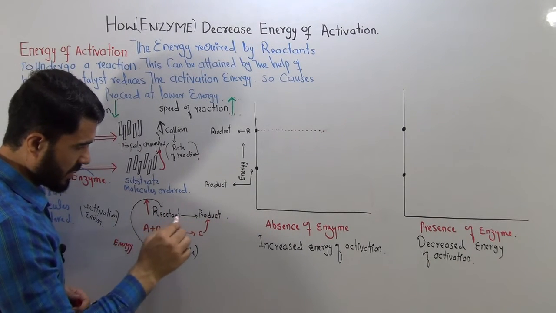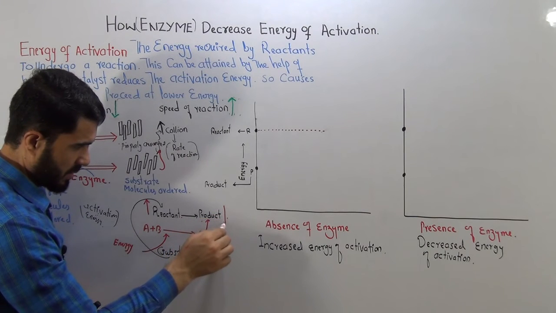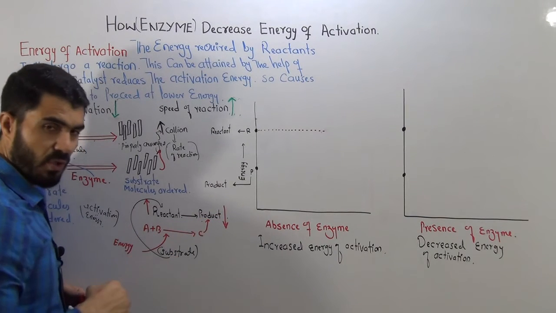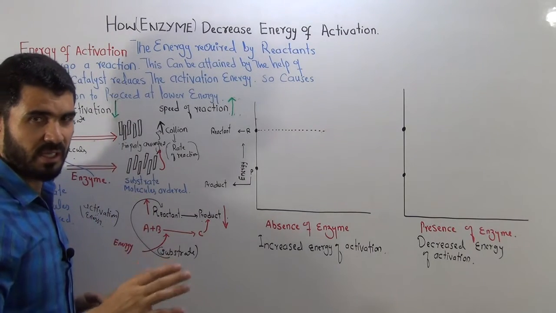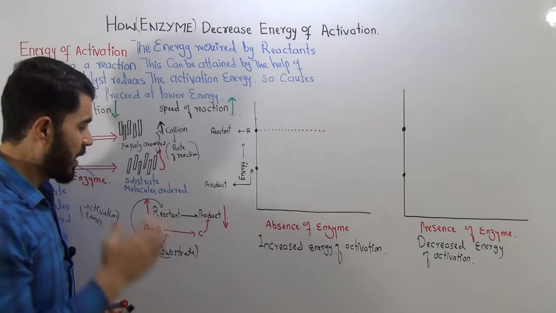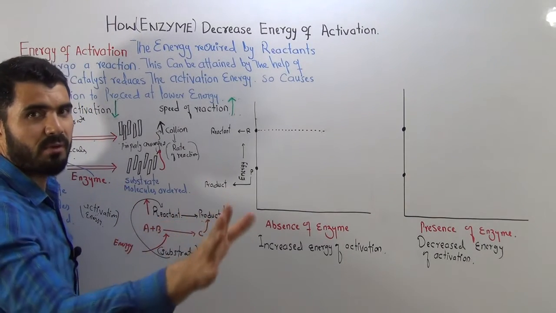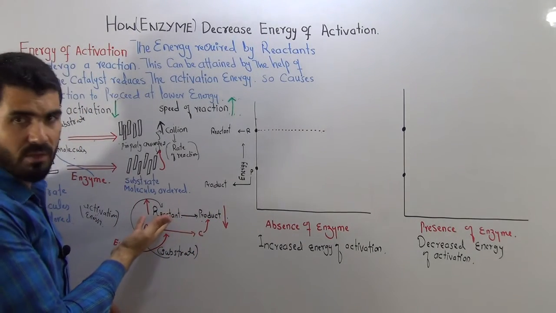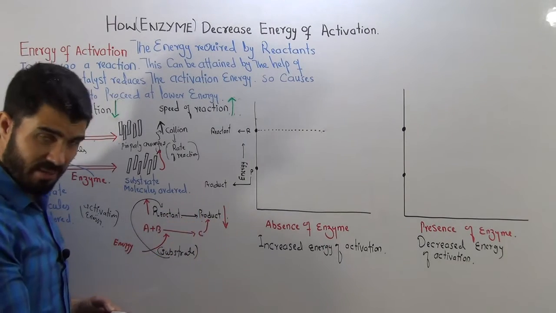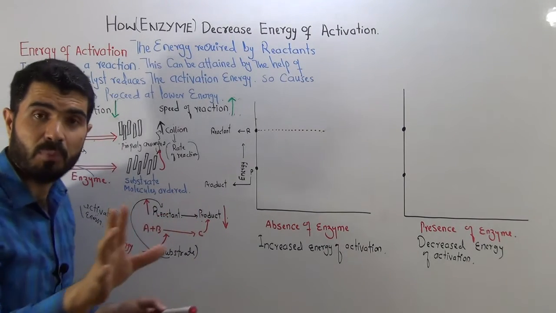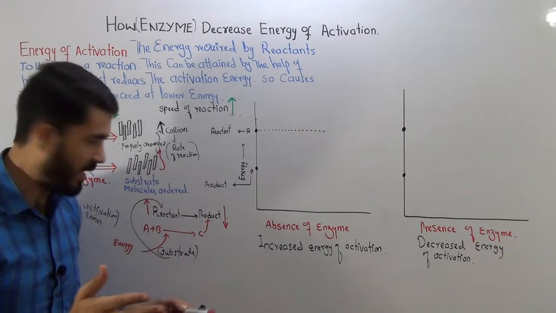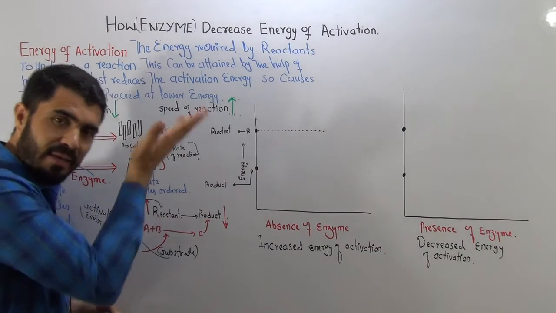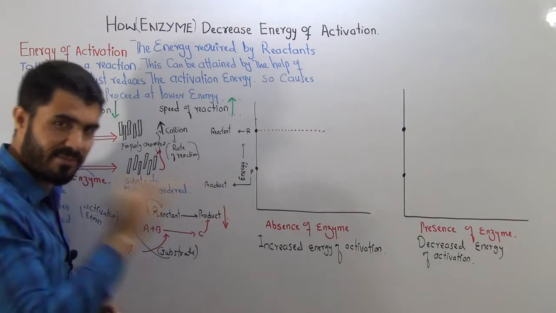Once a reactant converts into product, the product has decreased energy. Forget about energy of activation for now. Both reactants and products are molecules, and both have their own energy. The issue is that reactant has high energy, product has less energy.